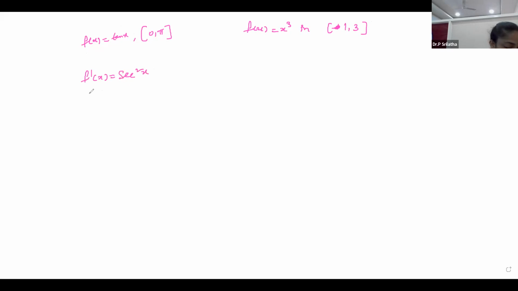Is secant square x differentiable at pi by 2? No, here you will get infinity. So that means f dash of x does not exist in the open interval 0 comma pi.